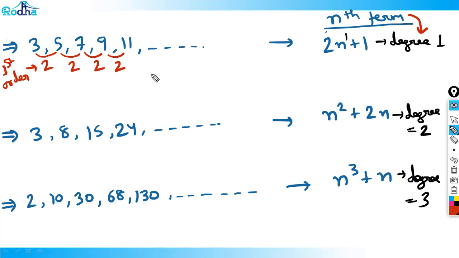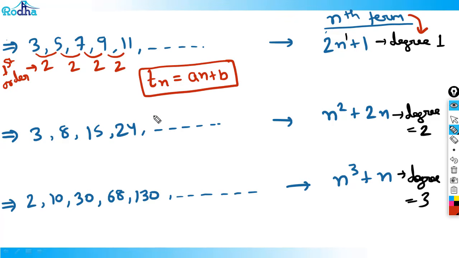That means the general nth term Tn is of degree 1. That is a linear equation. The general form of a linear equation is an plus b. So when the first order difference becomes equal in any series, Tn equals an plus b.